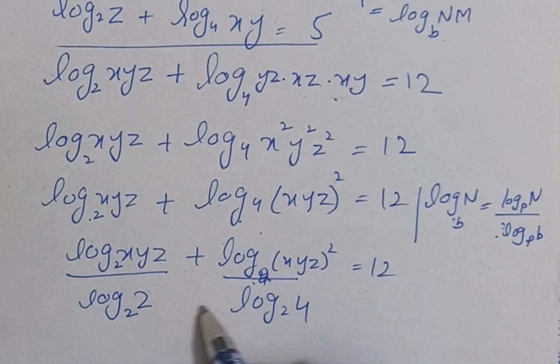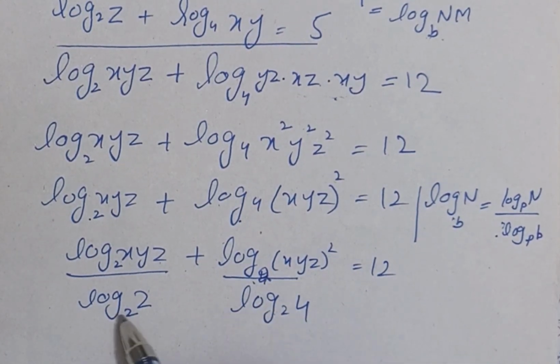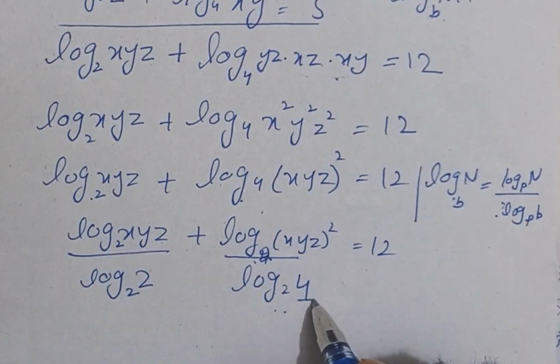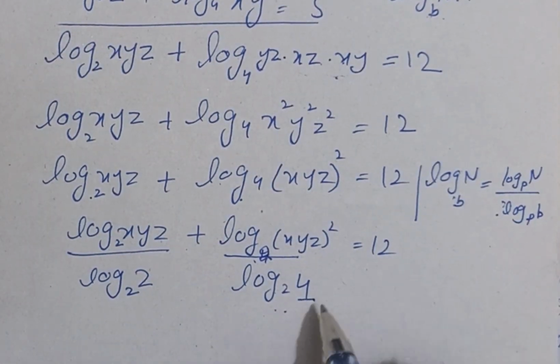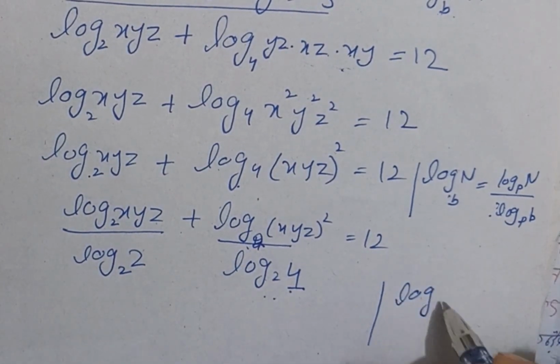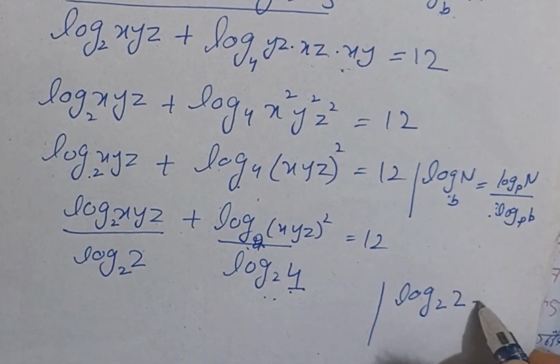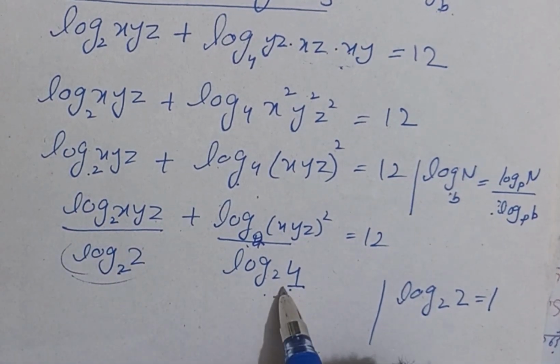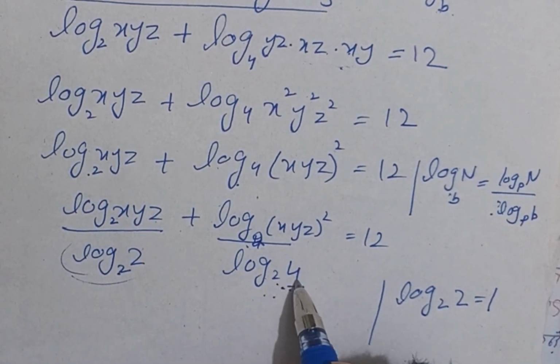We choose log with base 2 for a purpose, and the purpose is to simplify the denominator because we have base 2 and base 4. And we know that 4 can be written as 2 multiplied by 2. And we know that log 2 with base 2 is equal to 1. So this will become 1, and this is log 4 with base 2.